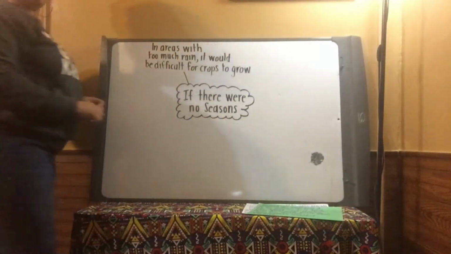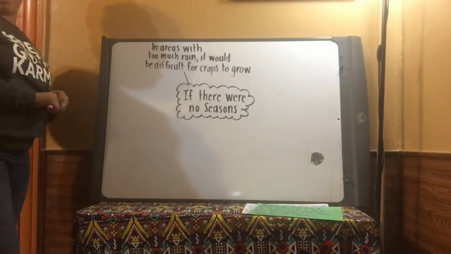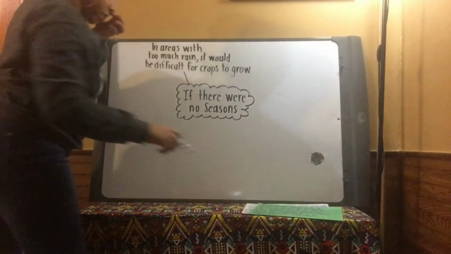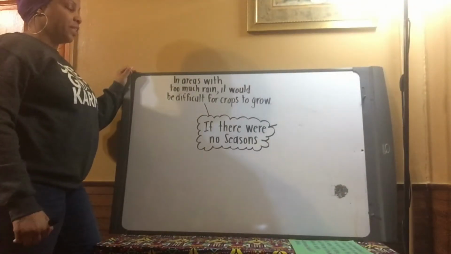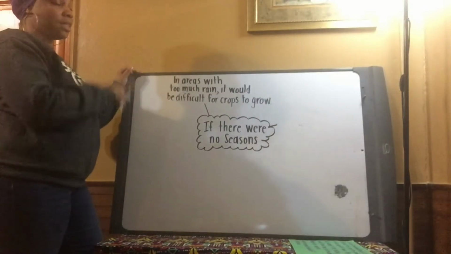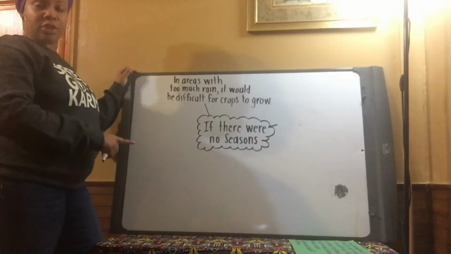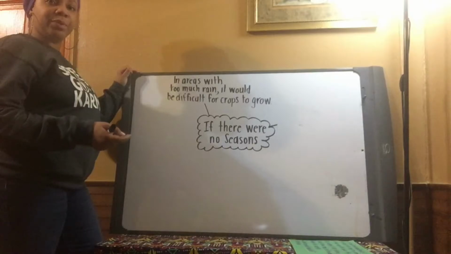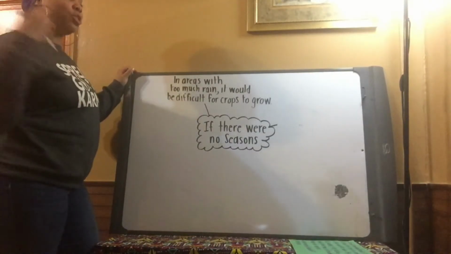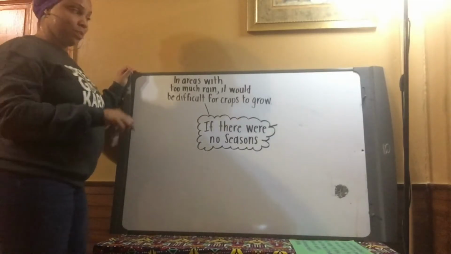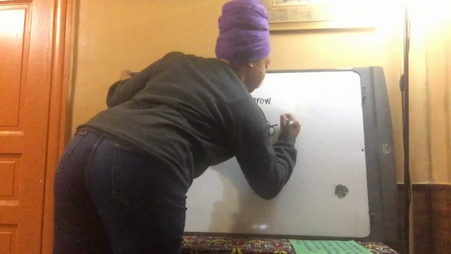So I thought that was extremely interesting because crops are important. Crops are definitely important to the food that we're able to eat. So another thing that I learned is that since it would be difficult for crops to grow, we wouldn't have food like wheat or barley or corn or potatoes. So I do want to add that on my board as well, on my web as well.